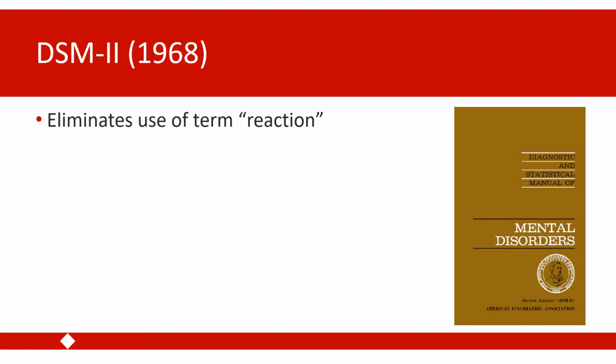We've also got a really strong influence of humanistic psychology at this point. So the DSM is moving away from this psychodynamic approach, and it stops using the term reaction. It also expanded. We go from 106 reactions to 182 disorders.